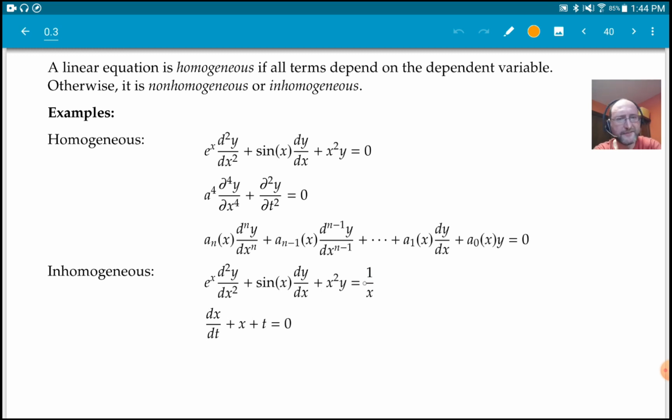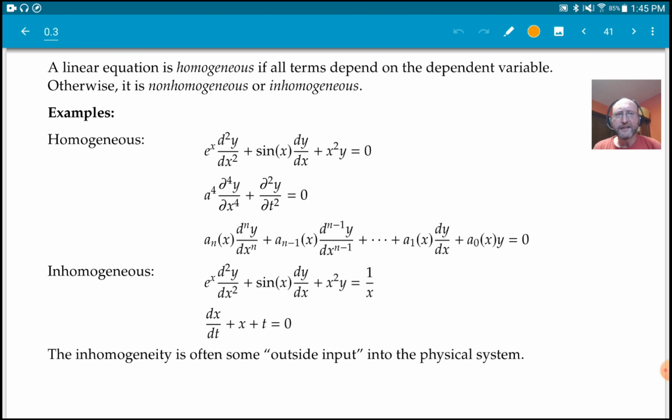The inhomogeneity doesn't have to be on the right-hand side. If we have an equation, we can always move things from left to right. So over here, if you notice, t is the independent variable, and I have a function purely in terms of the independent variable, the t. Because of that plus t, this thing is inhomogeneous. But otherwise, it's linear. So it's a linear inhomogeneous ODE.